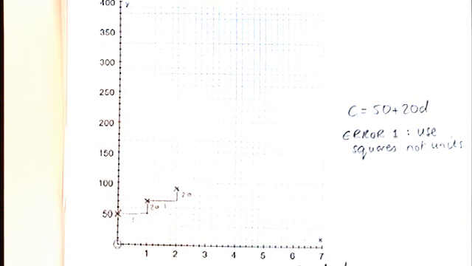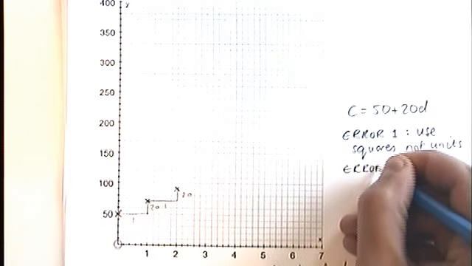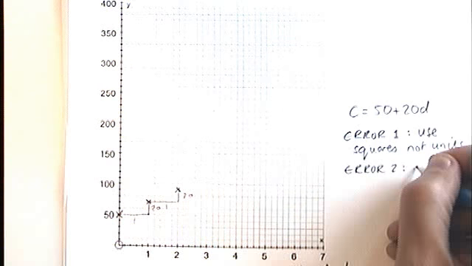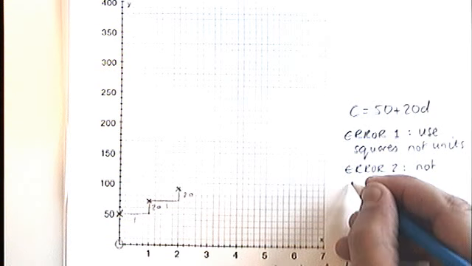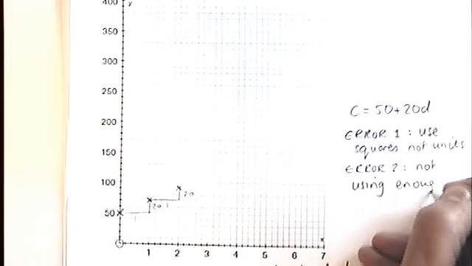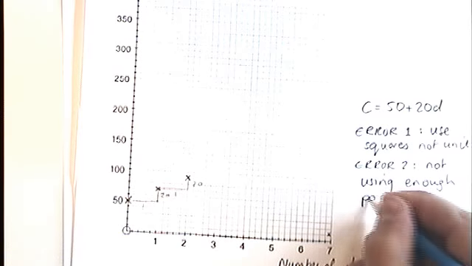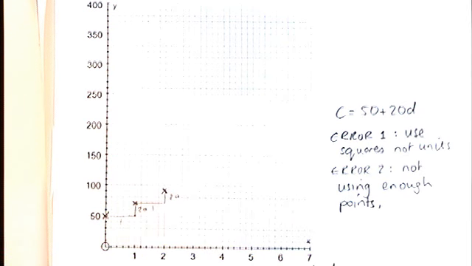The other mistake that people make, and this can be quite common, is not using enough points to plot their straight line graph. Okay, if we have a look at this one now, I could put my ruler on here because I've just got 3 little points down here, right?